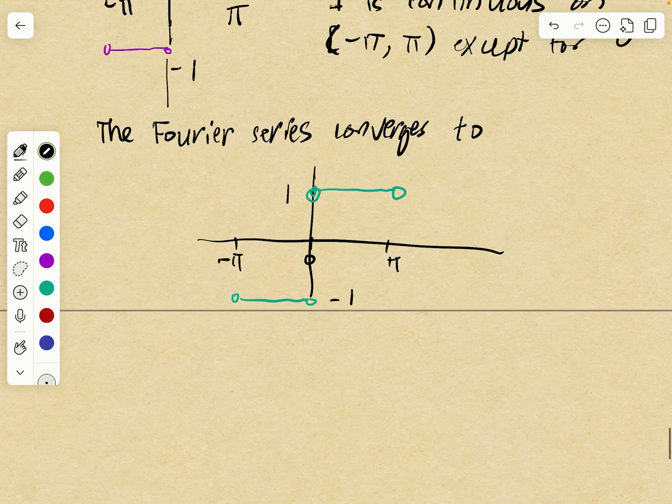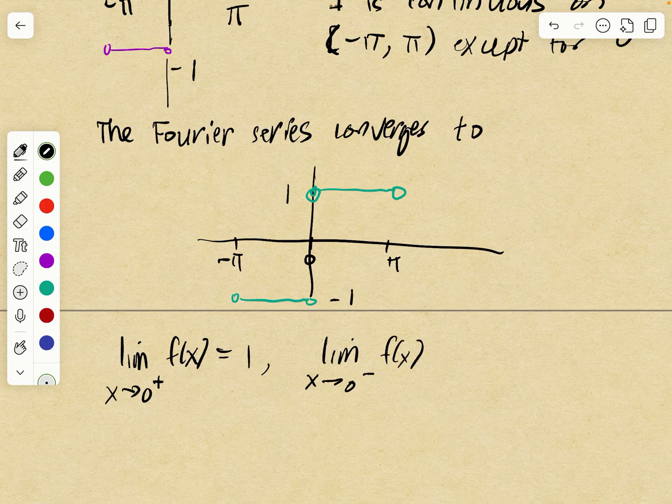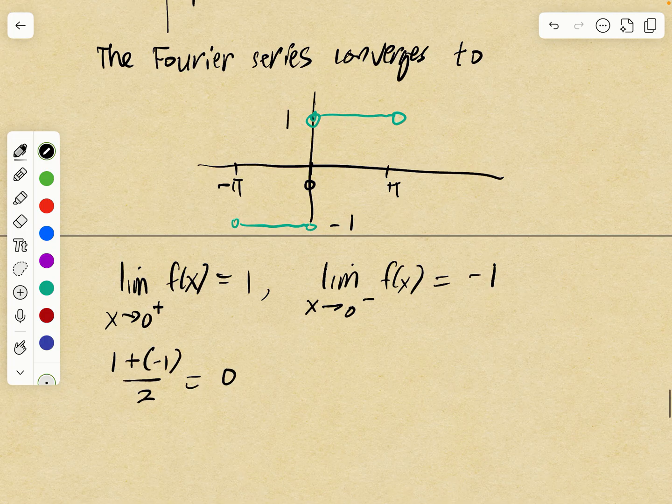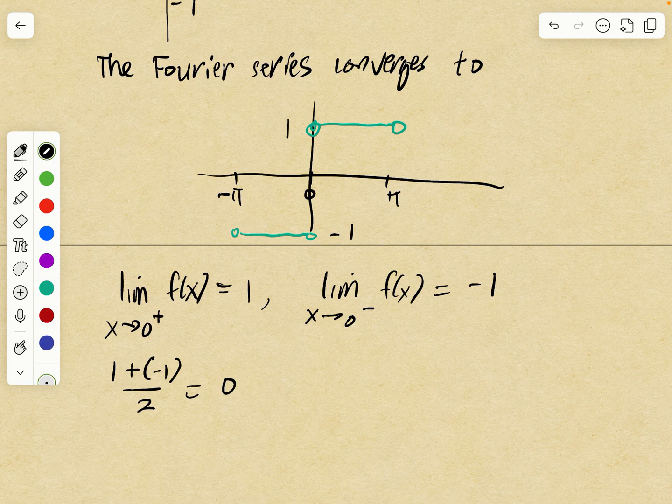So the limit of the function as x goes to 0 from the right is 1. The limit as x goes to 0 from the left is negative 1. And so when you take the average, you add them and divide by 2, you get 0. So the Fourier series converges to 0 at x equals 0.